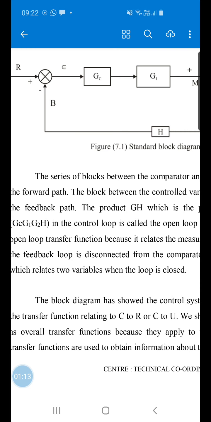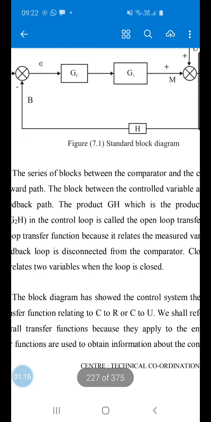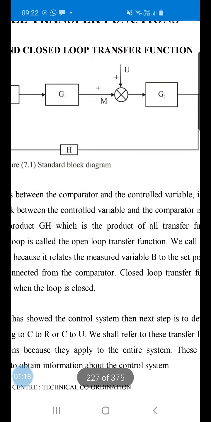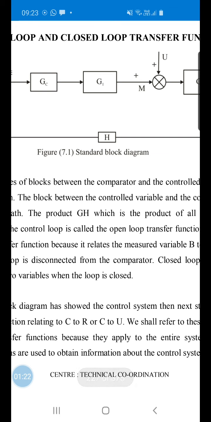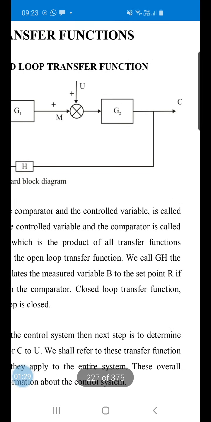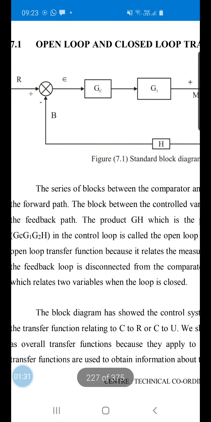The series of blocks between the comparator and the control variable, that is GC, G1 and G2, is called the forward path. The blocks between the control variable and the comparator are called the feedback path.